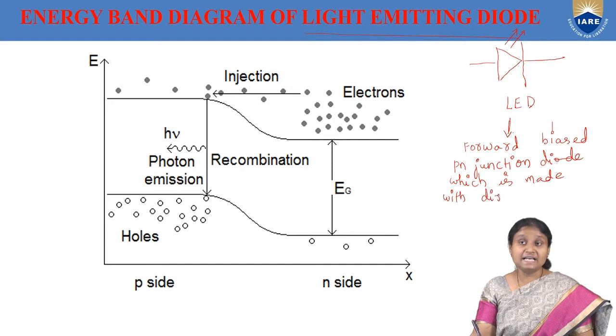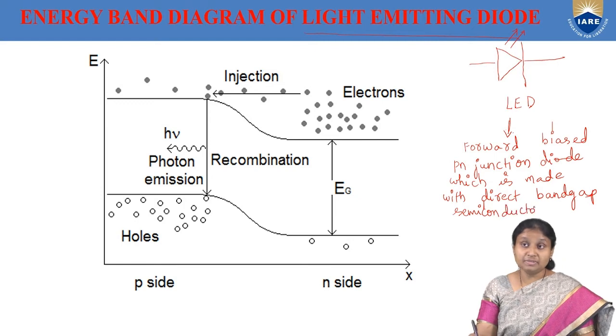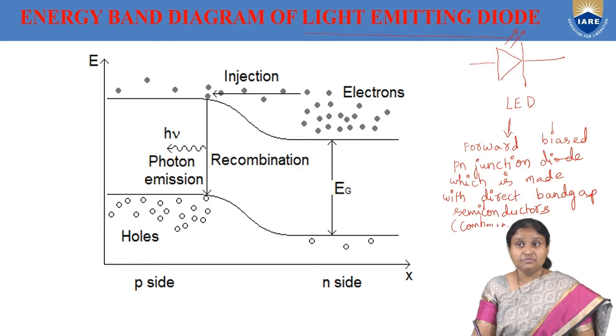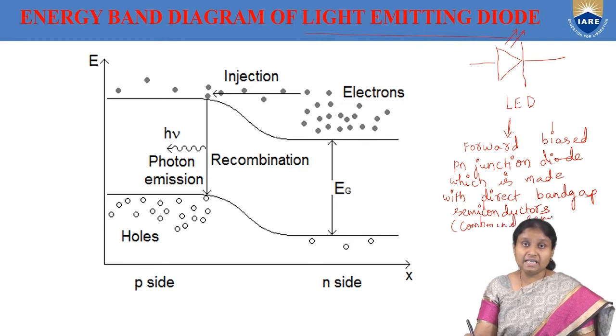They are called direct band gap semiconductors. There is one more name for these direct band gap semiconductors: they are also called compound semiconductors, where we combine different elements coming from different groups.